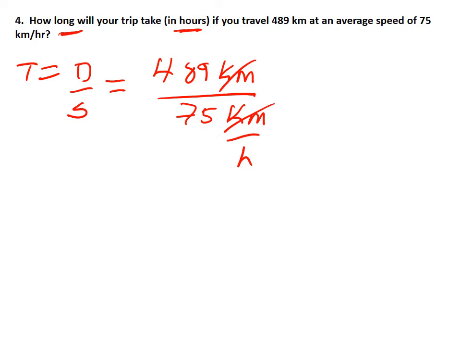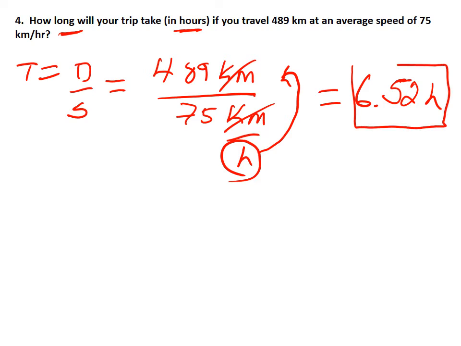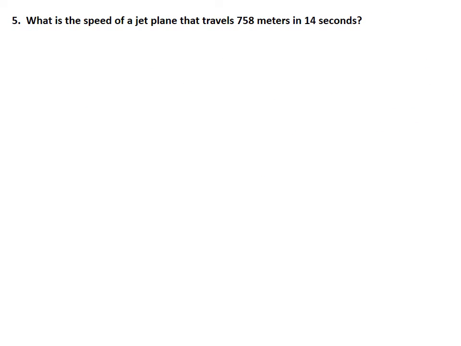Now the kilometers divide away. Our hour is actually going to move up. So 489 divided by 75 would be 6.52 hours.